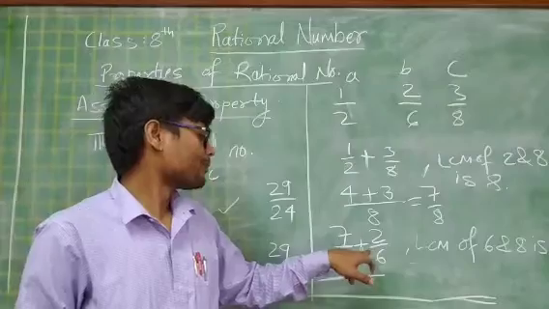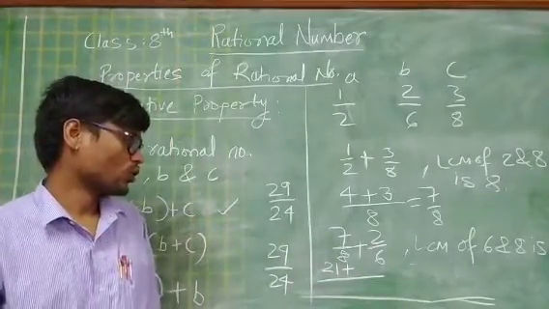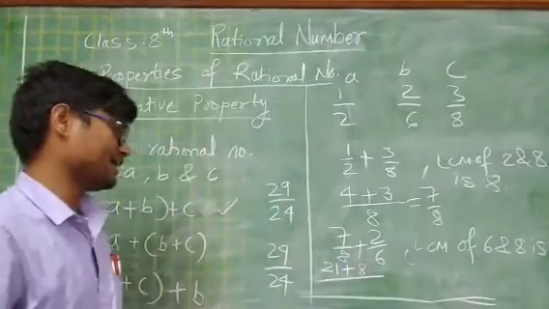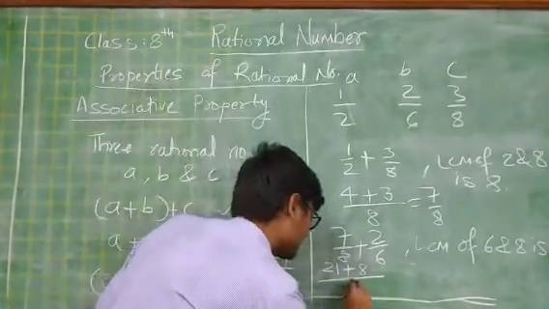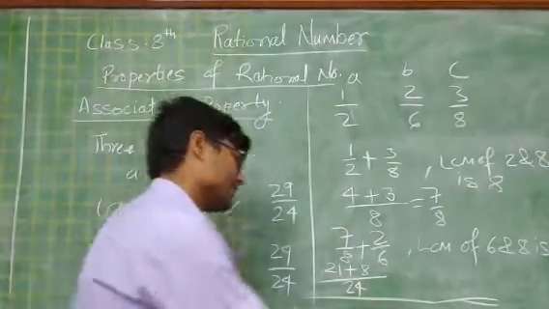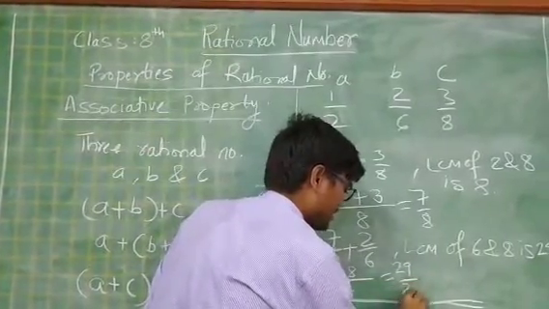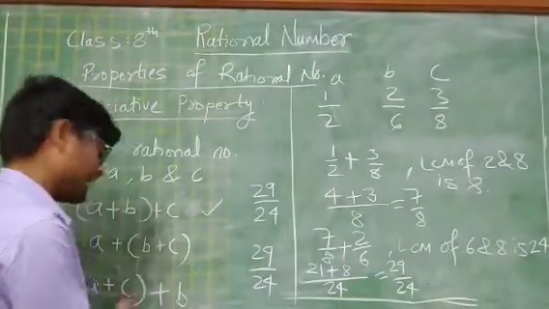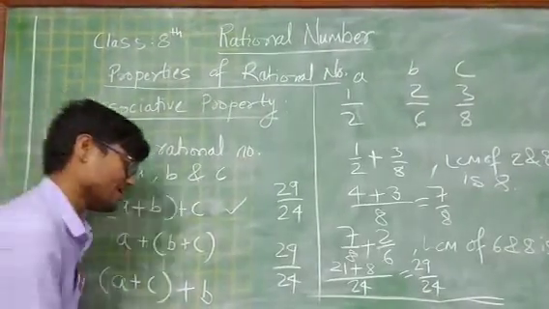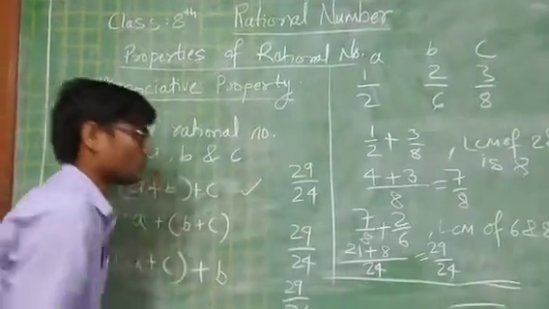So we should multiply this 2 also with 4. 2 fours are 8. 21 plus 8 divided by the LCM 24. When we add 21 and 8, we get 29 by 24. We see that when we add b to the sum of a and c, again we are getting the same result, 29 by 24.